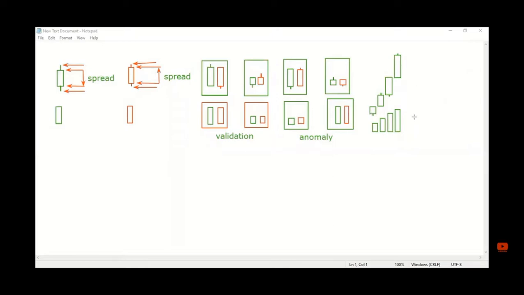It may happen a little bit differently. So I'm drawing here. Suppose the market first creates this candlestick. The second candle the market creates is this one. The third candle the market creates is this one.